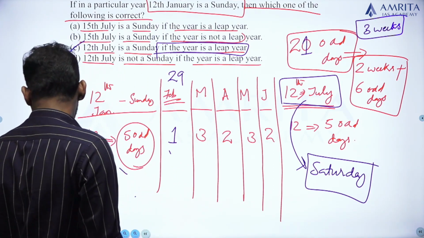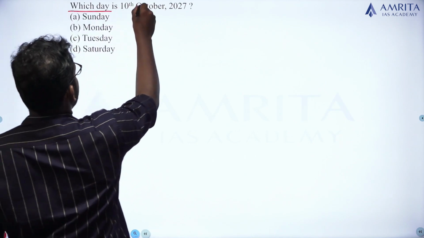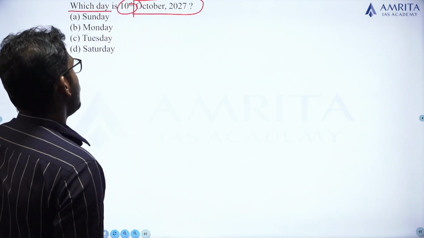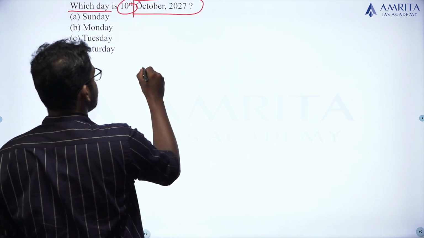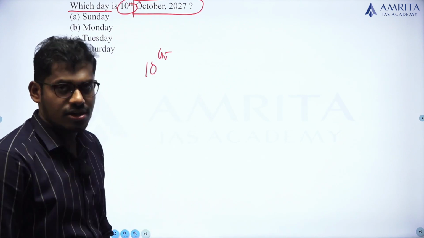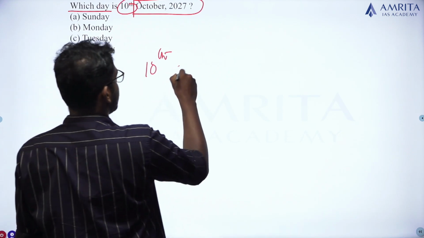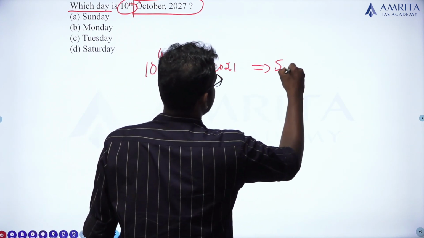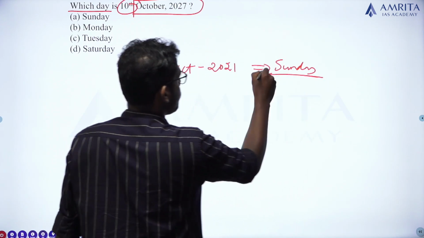Clear? Next question. Which day is 10th October 2027? The rationale behind asking this particular date is that this question was asked in last year's UPSC paper, and the exam was conducted on 10th October 2021 and the day was Sunday, as you all know.